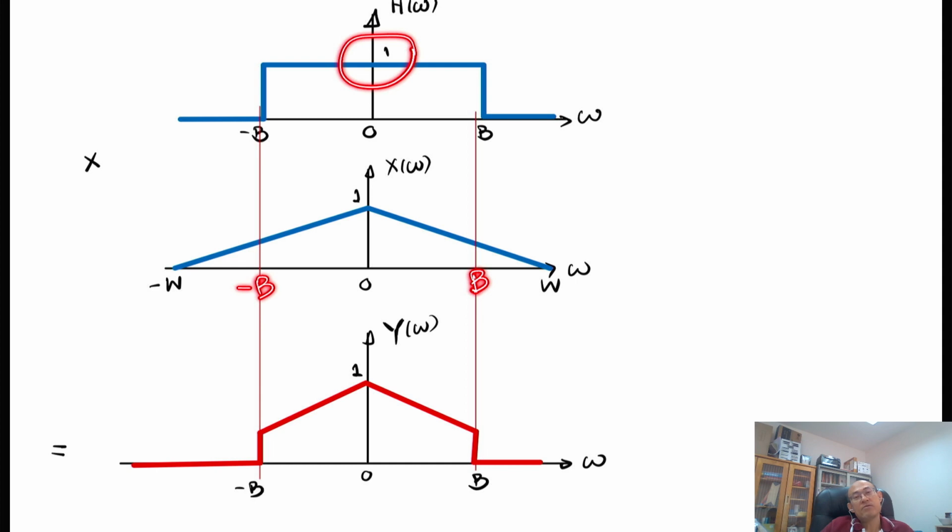The value of the input at those frequencies will not be affected by the system, so they will come out to the output. But above B, the input cannot come out. This process is called filtering the signal. The LTI system here is called the filter. It allows lower frequencies to come out while rejecting higher frequencies.